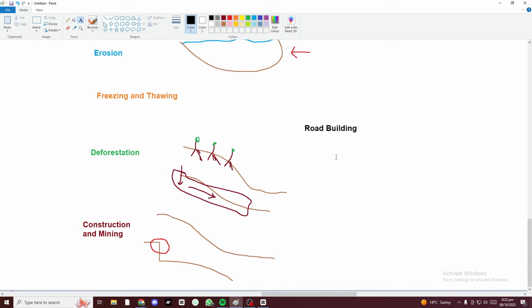So if a road is poorly constructed, it can increase these problems. Just think building a road is similar to construction or mining in the sense that it interrupts the drainage and changes the natural state of the slope. Then we have urbanization.